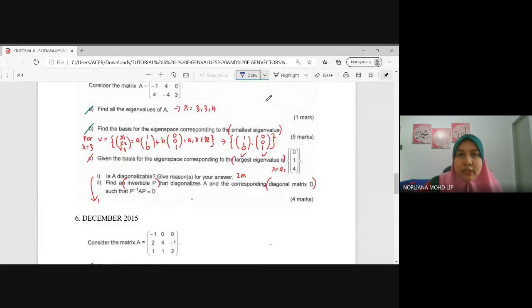Okay, we have the eigenvalues equal to 3, 3, 4. So the largest eigenvalue, lambda equal to 4, is this one, the eigenspace. And the smallest eigenvalue, for lambda equal to 3, we have found in question B. So there are 2 eigenspace.